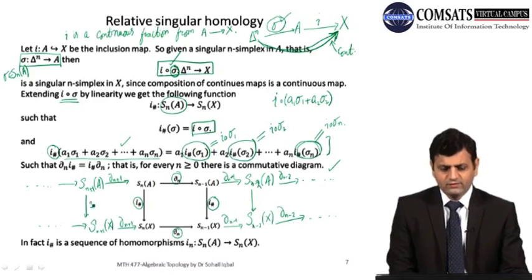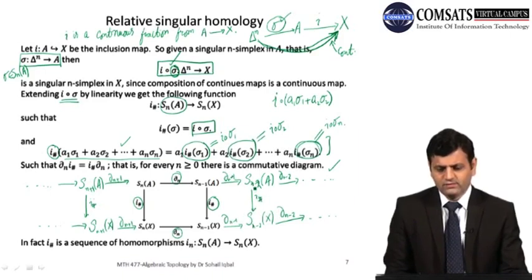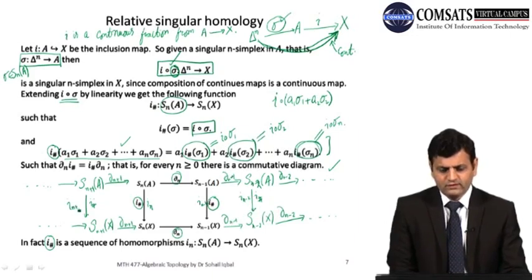This map goes from the n chains of A to the n chains of X, and similarly I sharp goes from n minus 2 chains of A to the n minus 2 chains of X. In fact, this I sharp is a sequence of homomorphisms I n. If you want to be very specific about these n's, then sometimes we write them as I n minus 1, I n minus 2, I n plus 1, and so on.